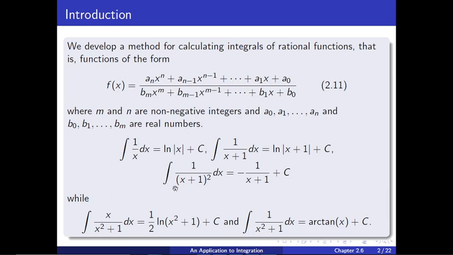And if we do the integral of 1 over x plus 1 squared, we do get minus 1 over x plus 1 plus c. And if we integrate x over x squared plus 1, we get half ln x squared plus 1 plus c. And if we integrate 1 over x squared plus 1, we get arctan of x plus c.